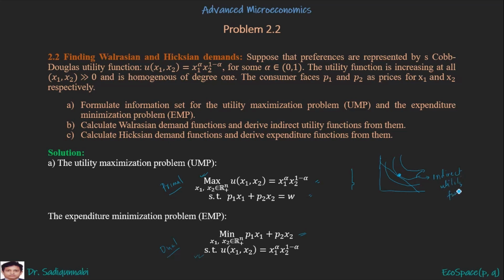So max u, and if we have several budget lines, we need to find the minimum possible expenditure function. So this is the min expenditure function.